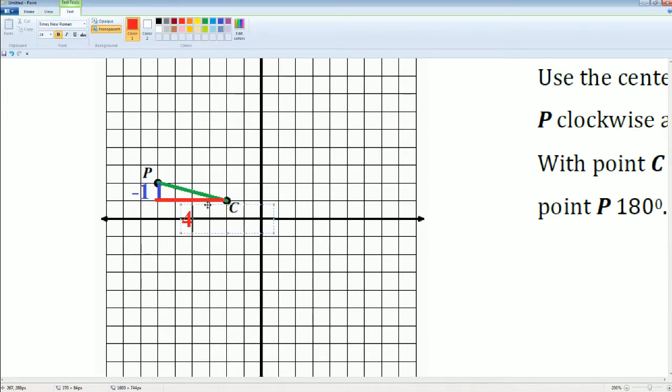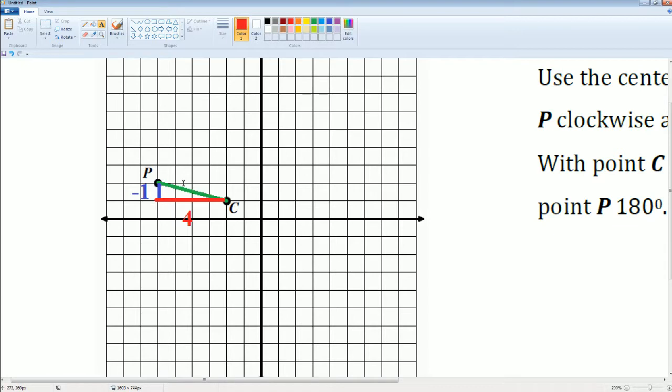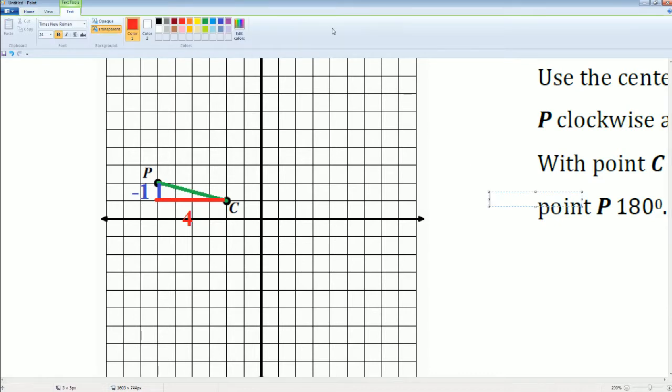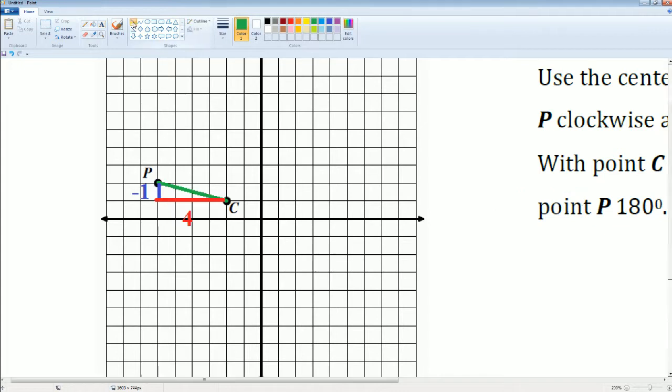Okay, and again, it's a rotation clockwise 90 degrees. So we do the perpendicular for that. Let me show you. Right now it is down 1, across 4. So we do that, but opposite. Opposite reciprocal. So you go up 4, 1, 2, 3, 4, then right 1.